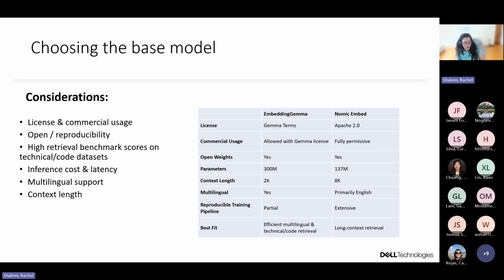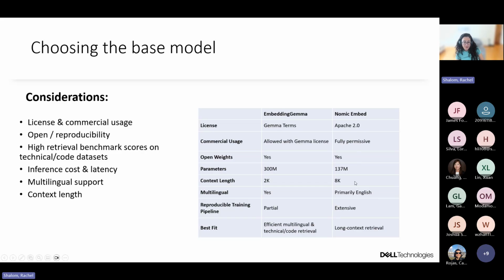What's the size of the model and how much does it cost us to run inference? Do we need 1, 2, 3, 4 GPUs? Multilingual support, sometimes we need more than English, and context length. How many tokens can we put in at once is also important.